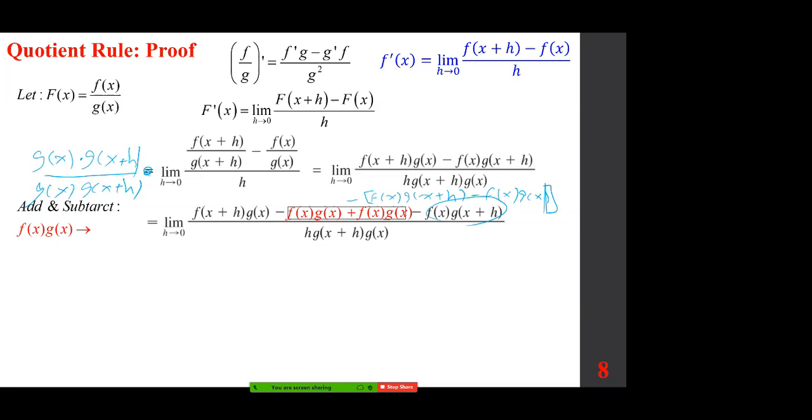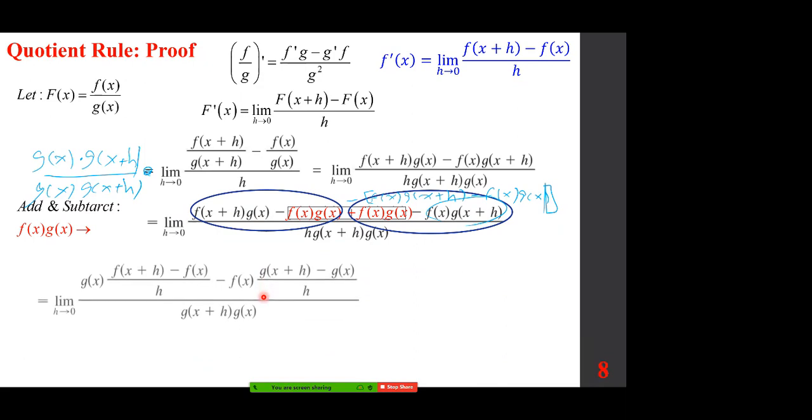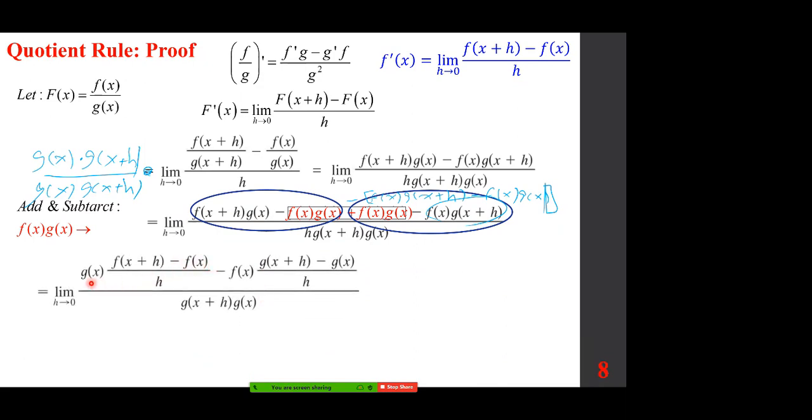Now notice the denominator is h times g of x plus h times g of x. So what I can do, I can leave the denominator just the way it is. Or if I bring the h up and make the denominator of those expressions, that means absolutely the same thing. In other words, I'm putting these 2 together and I'm getting those.